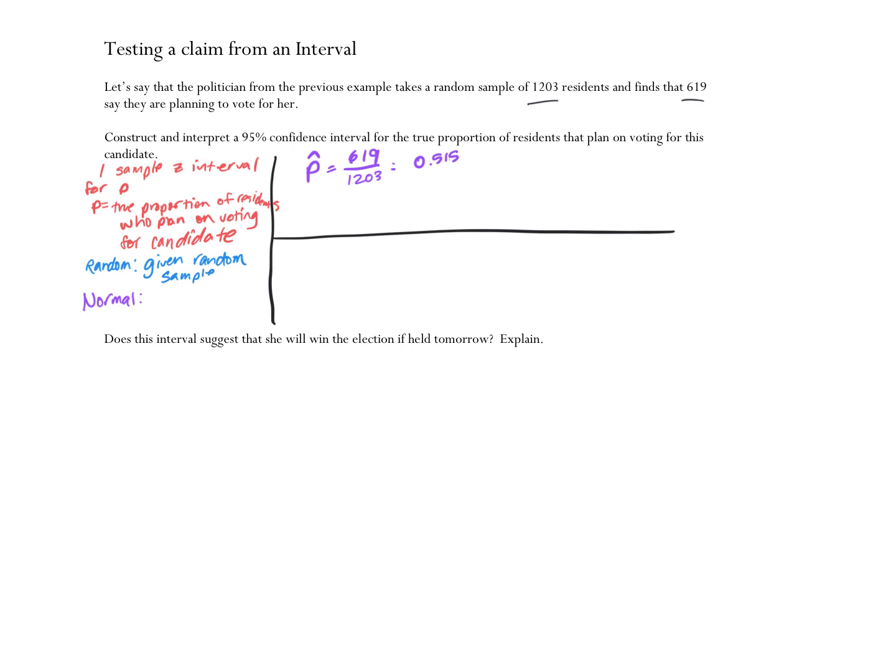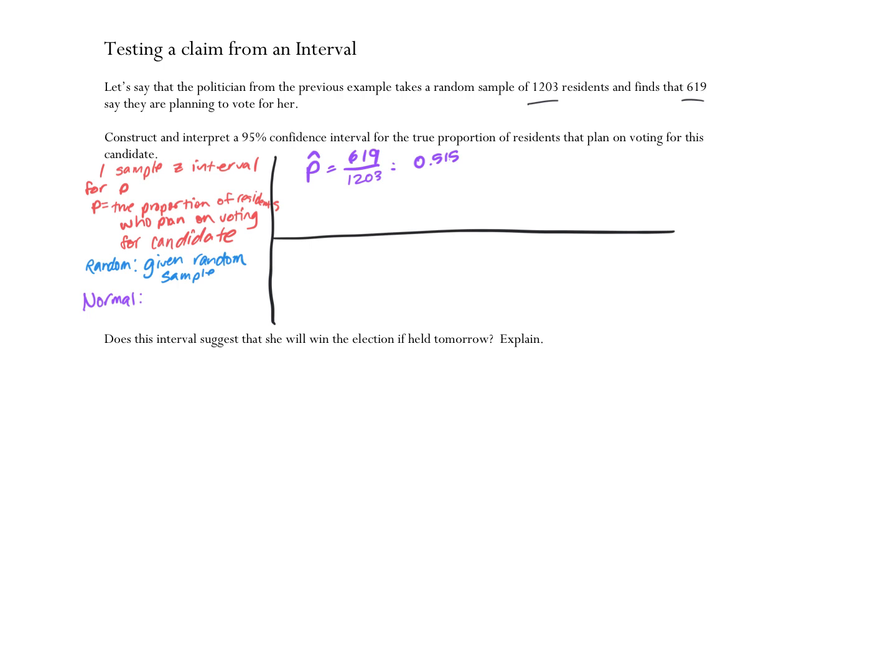Before we get too much further into this, there's some big picture stuff. When you look at this sample, is the candidate going to win? Does the sample suggest that the candidate is going to win? Yes, because it's bigger than 50%. However, what do we know about samples? Samples are not perfect. So could this be one of the samples that has a little bit higher proportion? It could be. Do we know that it is one way or the other?